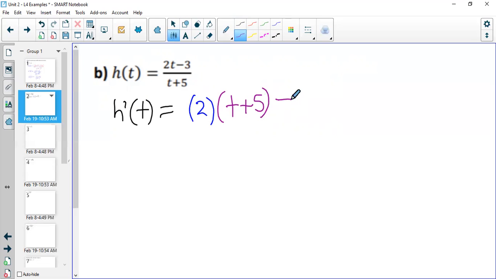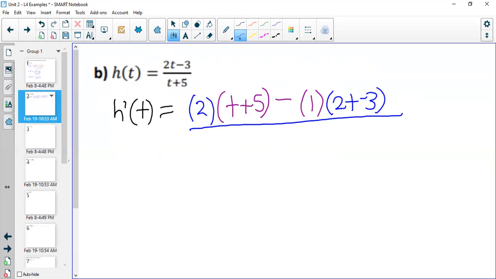Subtract that with the derivative of the bottom function, which is just 1, multiplied by the original top function, my numerator, which is 2t minus 3.